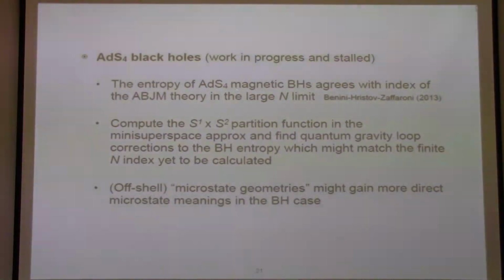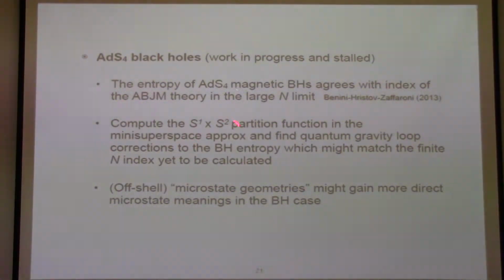As Alberto talked about, for the AdS4 black holes with magnetic charges, there's a spectacular agreement at large N. And so it's natural to wonder whether this approach can be used.